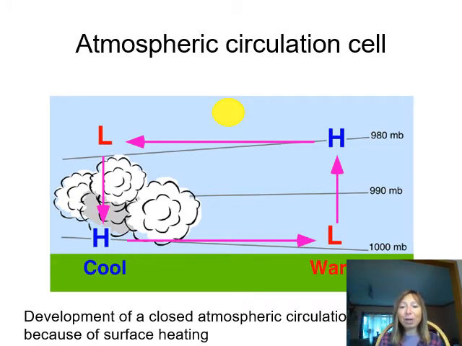This colder air moves away to warmer areas where the pressure is low. So this creates constant convection cells, and essentially any atmospheric system, any weather system, is a result of one or many atmospheric circulation cells.